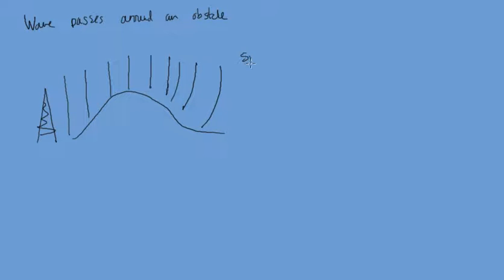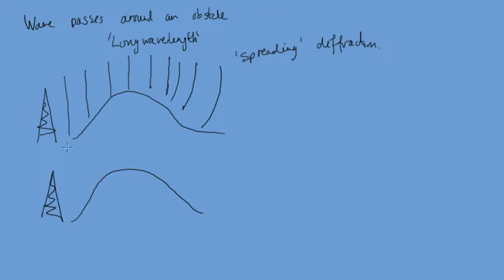So the spreading is called diffraction. Now this is a long wavelength. If we have a short wavelength, the effect of spreading, the diffraction, is not going to be as much.